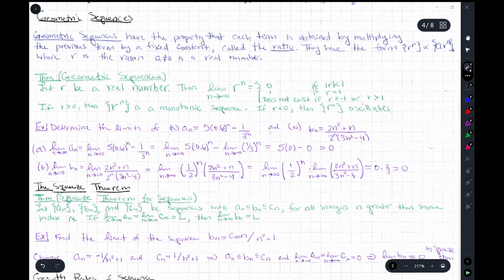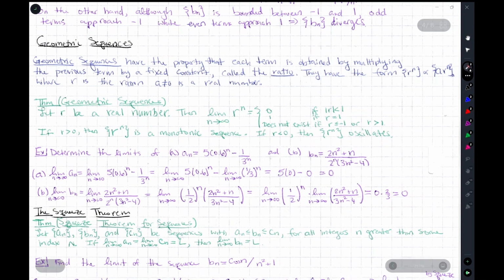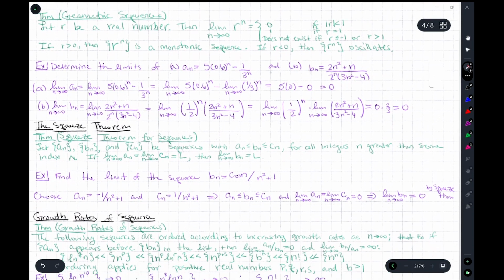What we'll have is 0 there, and this is bounded, so you'll get 2/3. Thankfully, we didn't go to an indeterminate form, so we didn't have to use L'Hopital's rule. But there we'll then get 0 times 2/3. And notice here that we could have multiplied top and bottom by 1 over n squared and taken that limit. You'll get 2/3. And so that's 0, okay, taking advantage of the theorem above.